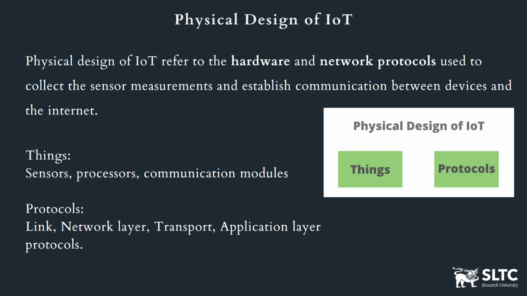So for that, we need to establish protocols basically in the physical and data link layer, the network layer, transport layer, application layer, and so on. We'll be talking about these components under things and protocols in today's lecture, right?